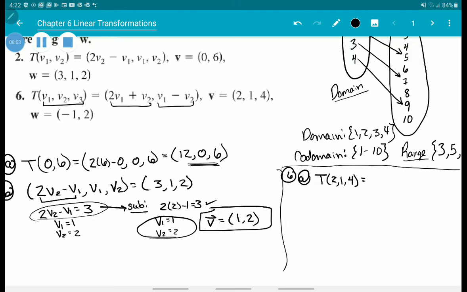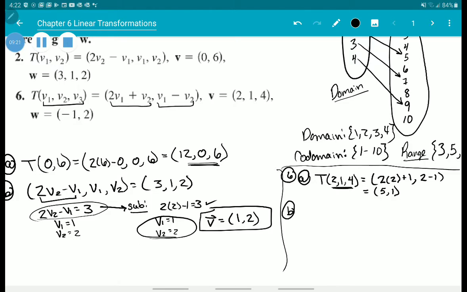If we were to substitute that in here, we're going to have 2 times v1 plus v2 for the first component, and then v1 minus v2 for the second component. So that's going to be the vector 5, 1.